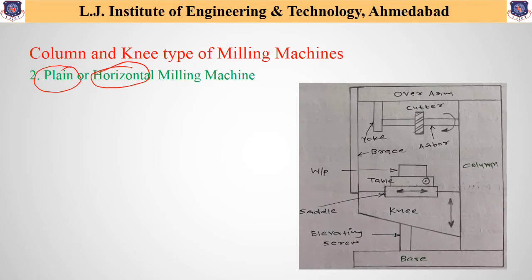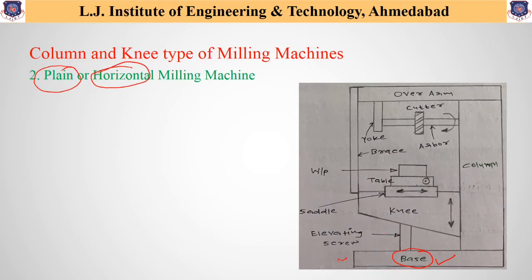From this figure we will also discuss the major important parts available in all column and knee type milling machines. As seen from the figure, it consists of main basic parts, of which the first one is the base. This base is a heavy casting and it is provided at the bottom of the machine, which can be seen from the figure.